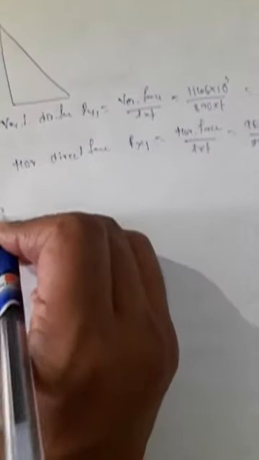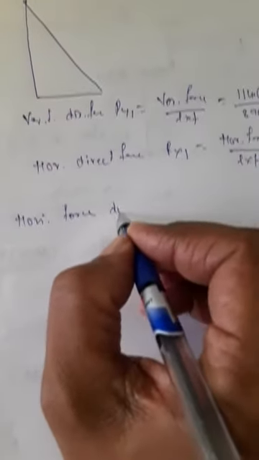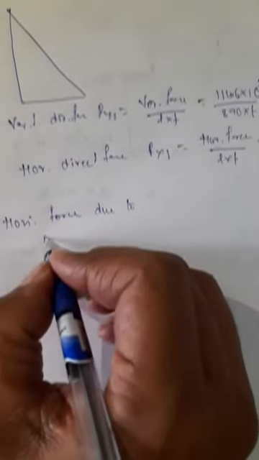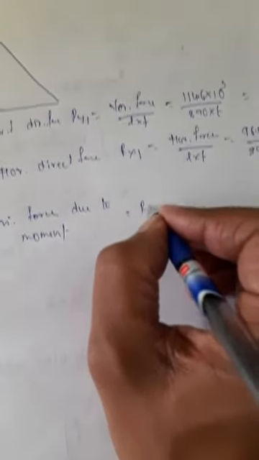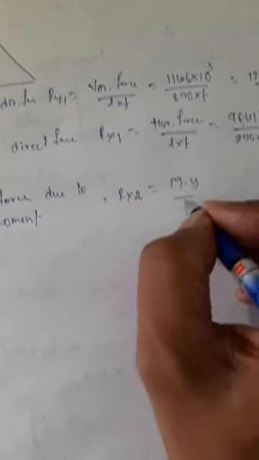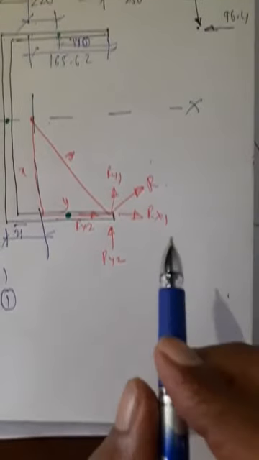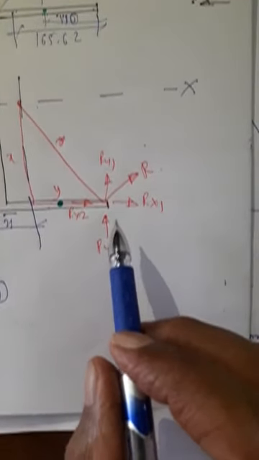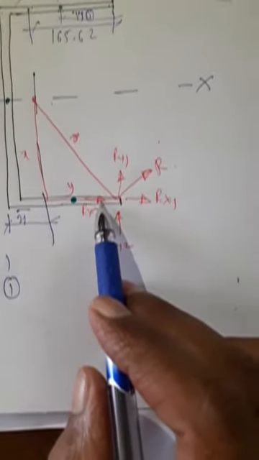Next, horizontal force due to moment. Rx2 is equal to M into Y divided by IP. Have a look at this diagram. Moment, I want to calculate Ry1, sorry, Rx2, this value.